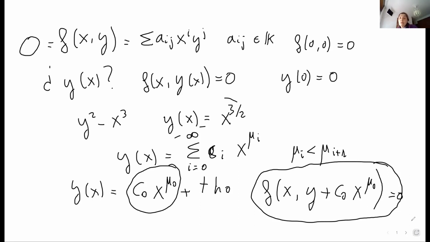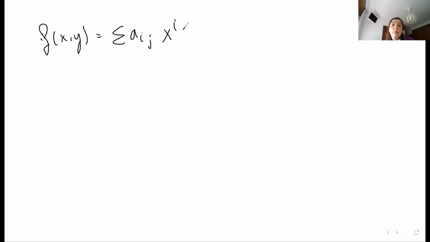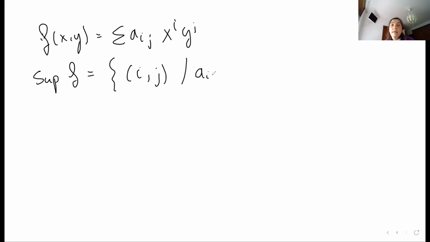How does it work? We have f(x,y) equal to the sum of a_ij x^i y^j. First, we define the support of f, which are the exponents (i,j) that appear, such that a_ij is different than 0.